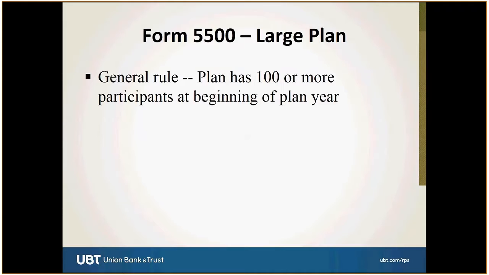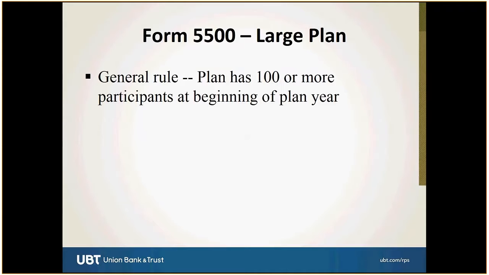So for example, let's say I have a 401k plan and there's an employer match and there's no other contributions. There's an employee who satisfies the plan's eligibility requirements, is eligible to make a 401k deferral election, but elects not to make any 401k contributions to the plan, and so he or she would not receive a matching contribution.